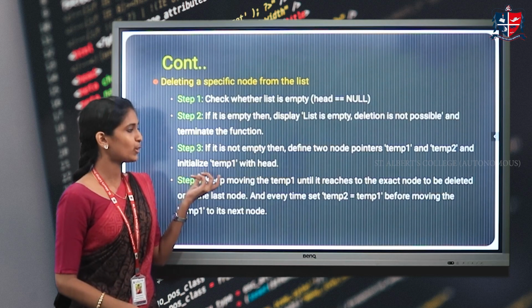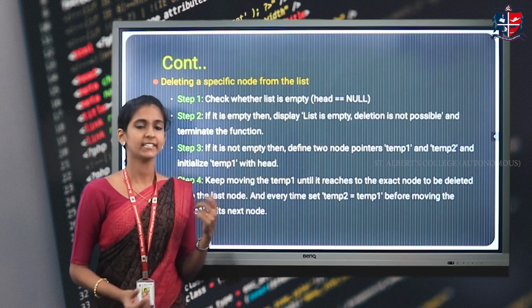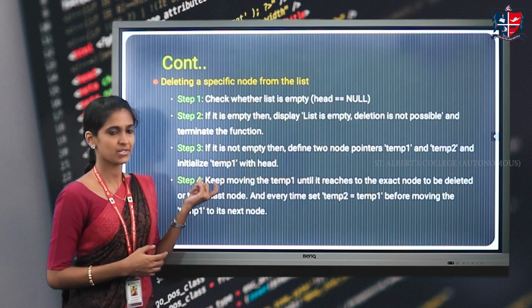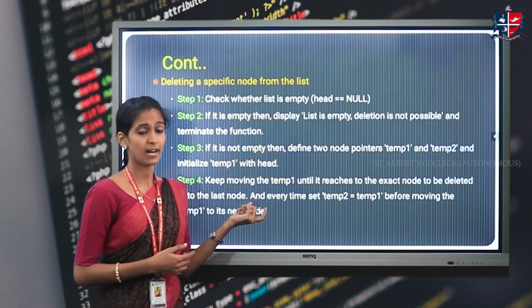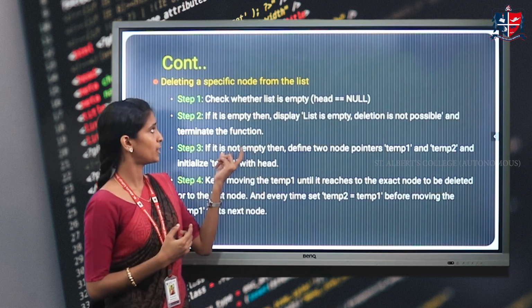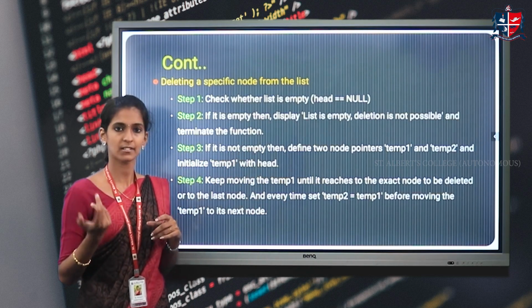If it is not empty, you define two node pointers temp1 and temp2 and initialize them to head, and keep moving temp1 until the node which we want to delete. Here I am going to delete a specific node, not the last node or the first node.